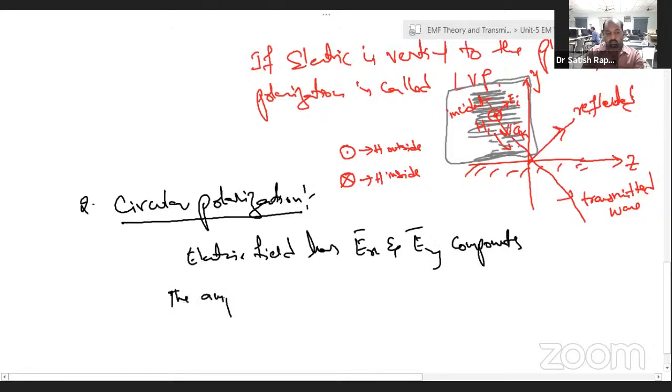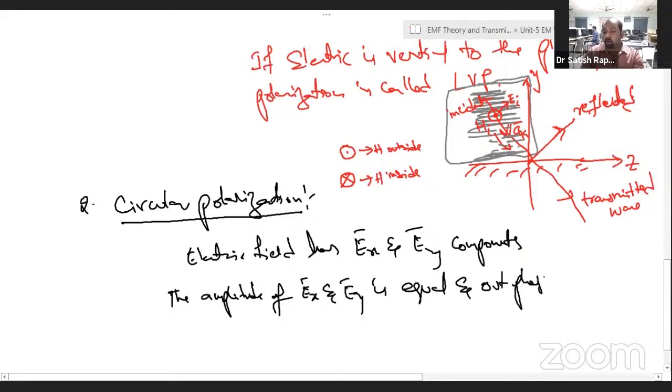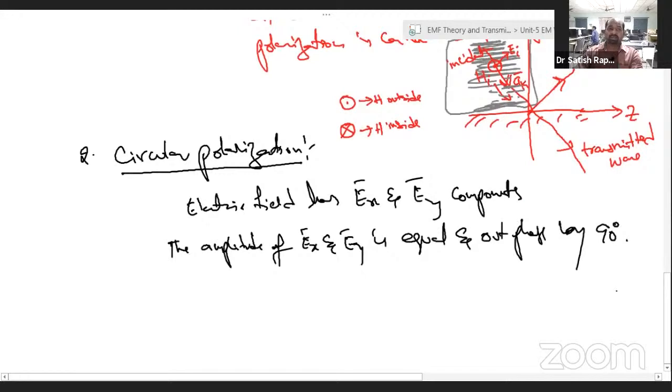The amplitude of Ex and Ey is equal, and they are out of phase by 90 degrees.